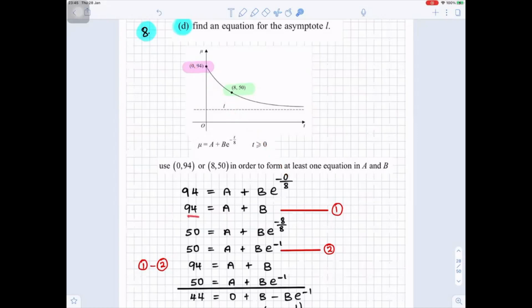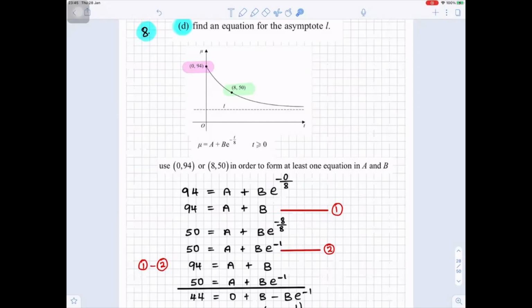So 94 is equal to A plus B. That's equation 1. 50 is equal to A plus B e to the minus 8 over 8, which is minus 1. So 50 is equal to A plus B e to the minus 1, equation 2.